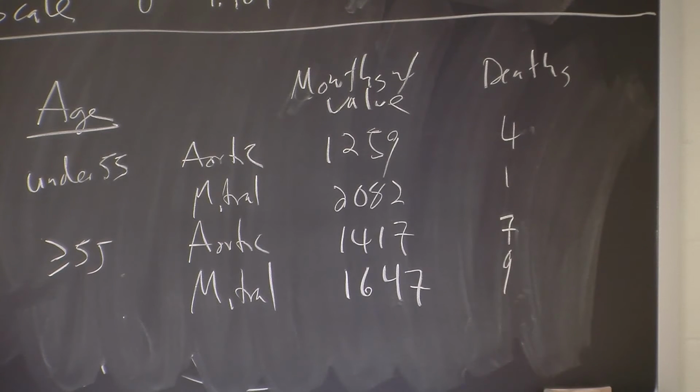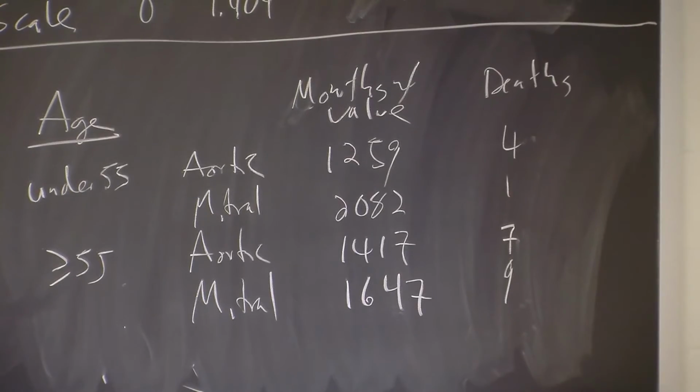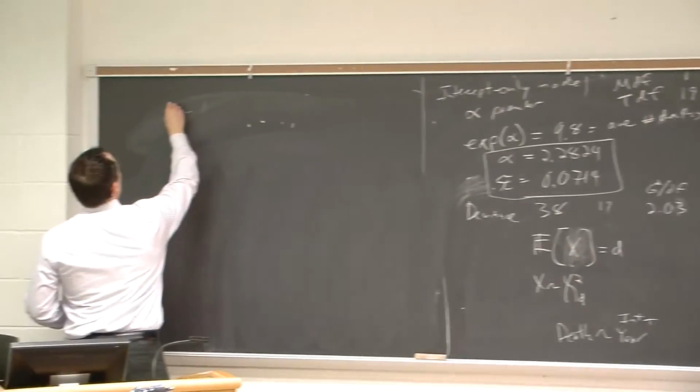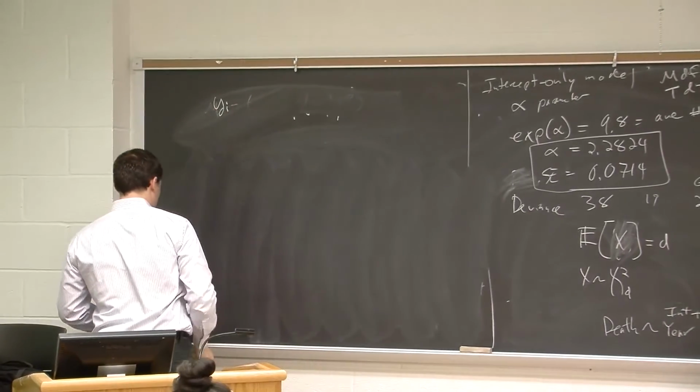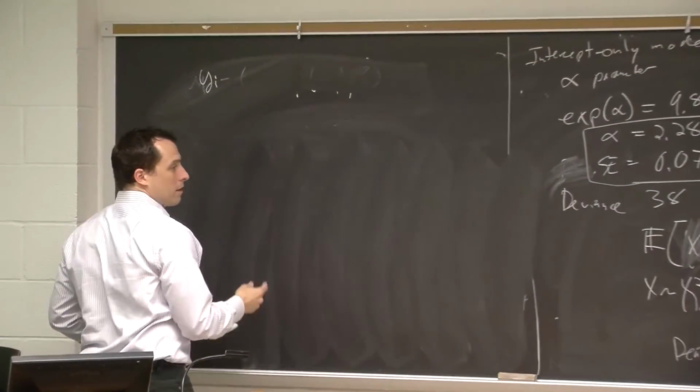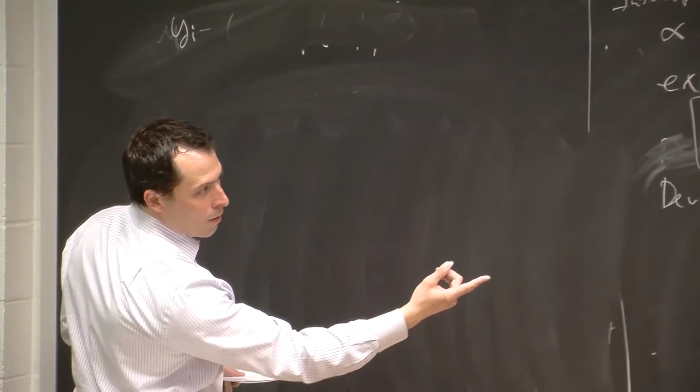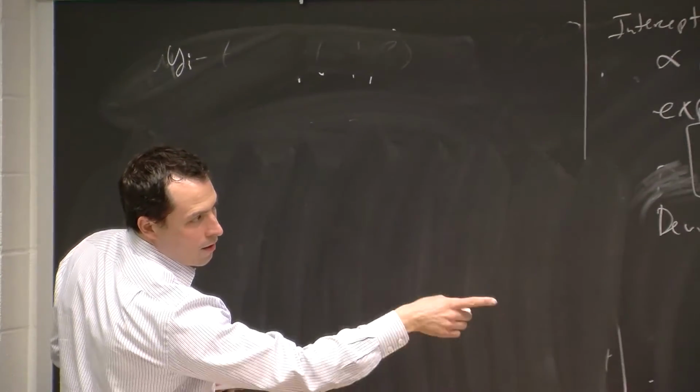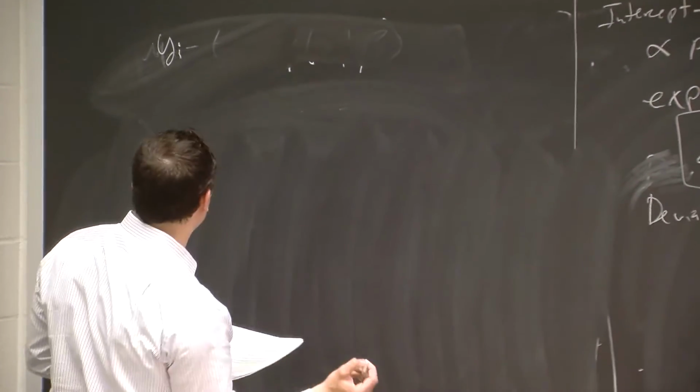So our model is that the number of deaths per cell, in this case, we have a total exposure of the entire cell as opposed to being on a patient level.